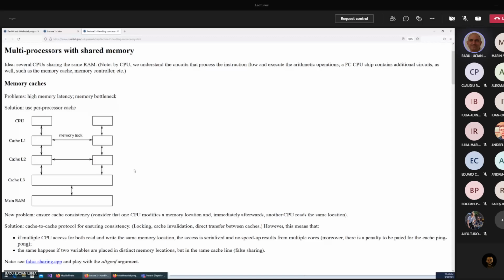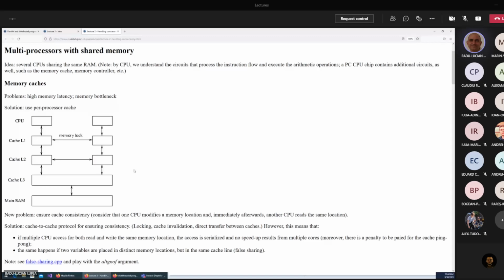Now, if they share the cache, then the access to the cache is slower because you have to either provide separate channels for each CPU, which is very expensive, it's very hard to implement, or effectively the CPU access to the memory is serialized, and you kill the parallelism this way. You put a bottleneck on accessing the cache.